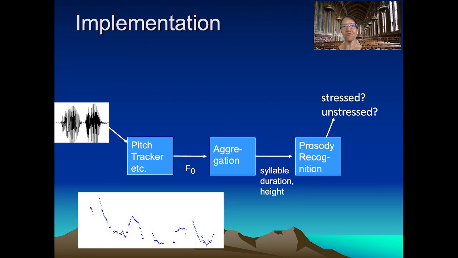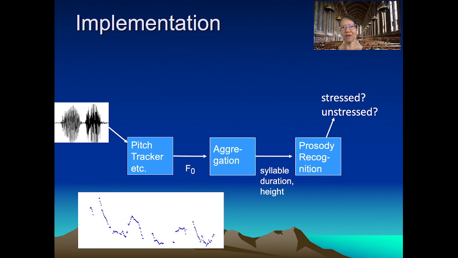So if we look at the type of output we might get from a pitch tracker, we might observe that it is not immediately obvious whether a syllable is stressed or unstressed. It doesn't just leap out at you. And also there's a lot of microprosodic perturbation that is an effect of the particular phones being spoken.